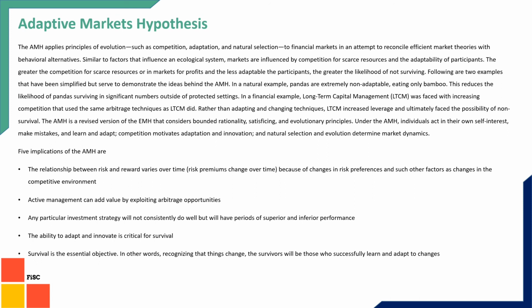So there are five implications from AMH which we have to study. The first implication is that the relationship of risk and reward varies over time. There would be a time when people become very keen to get risky returns. So if you see historically, people in the earlier days used to be more risk averse.